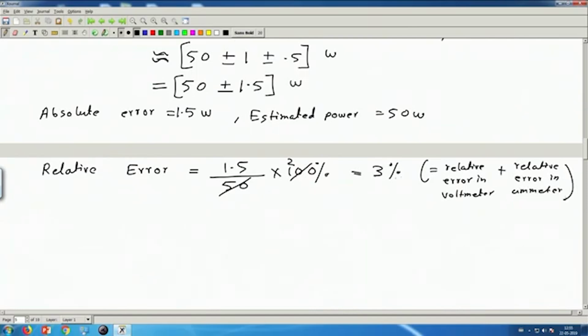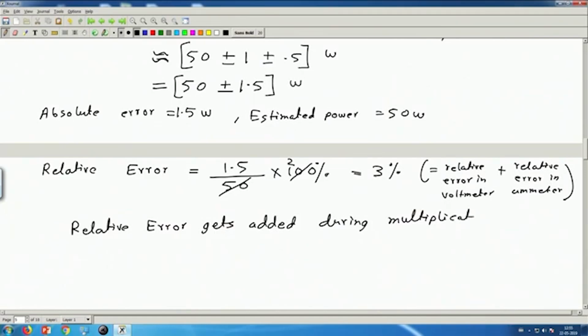Okay, so relative error gets added during a product or during multiplication. So we have multiplied voltage with current, and the relative error in the product is the sum of the individual relative errors. So this is one rule you should know.